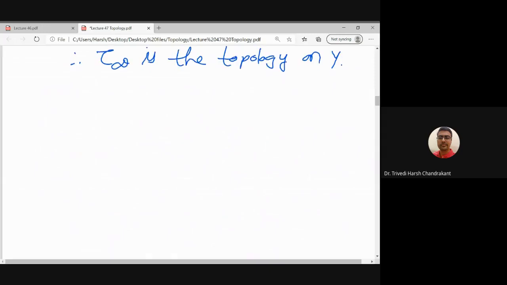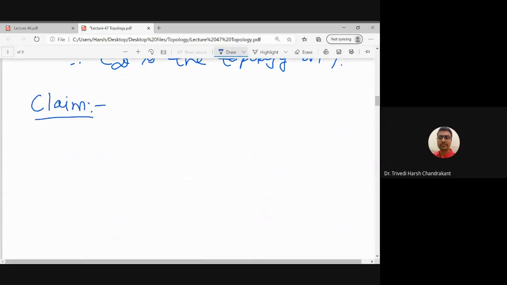So let us start first with the next question, that is, is tau X a subspace topology? So actually we are going to prove that it is a subspace topology. Tau X is a subspace topology.